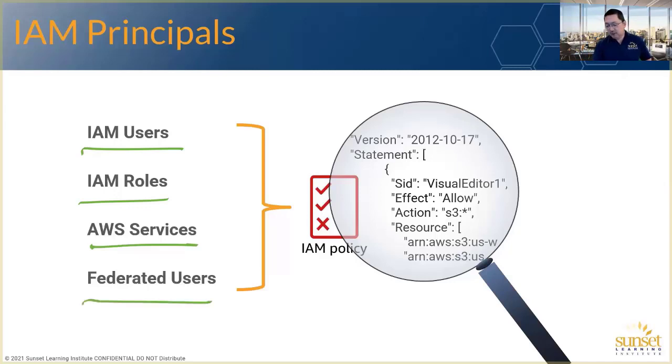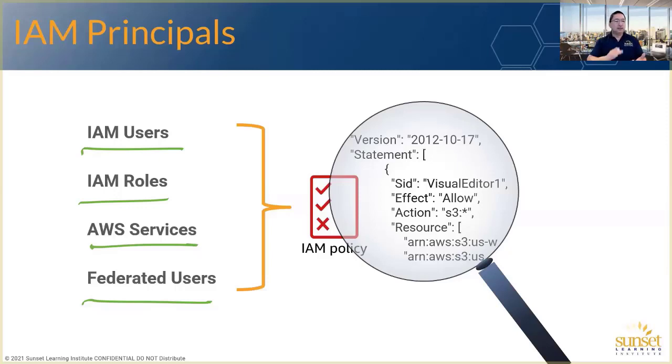We can also have folks that don't have a user-defined set of credentials within AWS access our resources that we have in AWS. Think about an app that you devise on your phone that you've created a backend application for in AWS land. Maybe it's a banking application or something of that nature. Those users don't necessarily have a login account in AWS land. Maybe it's a social networking site.